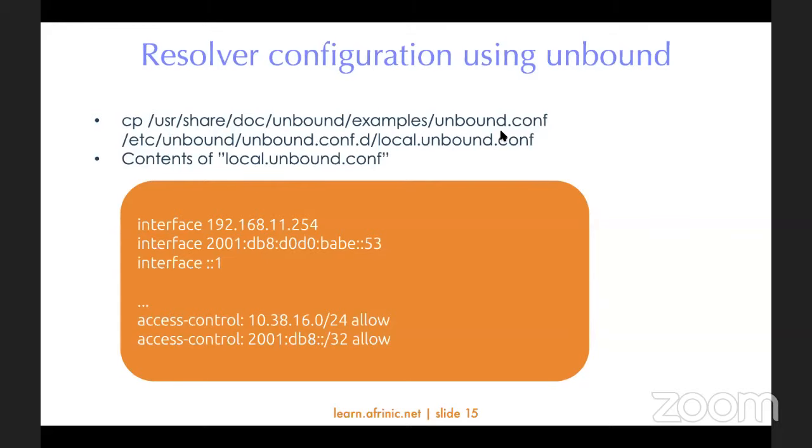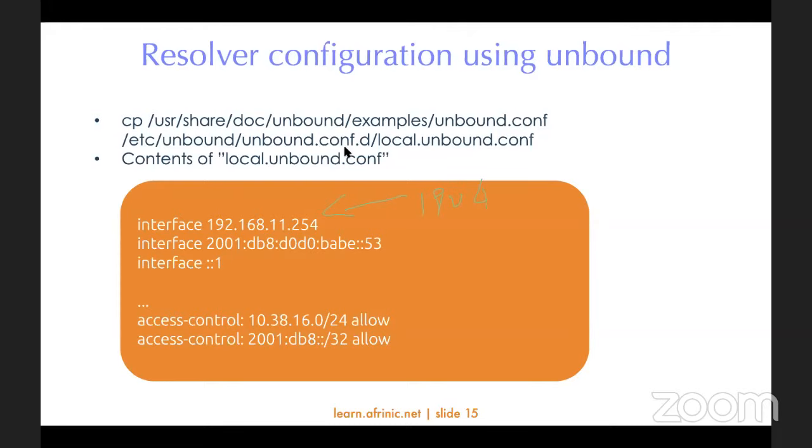Basically, from the default config file, you copy it into the configuration section, and then you have to update the interface that you'll be using. You have one in this example in IPv4.